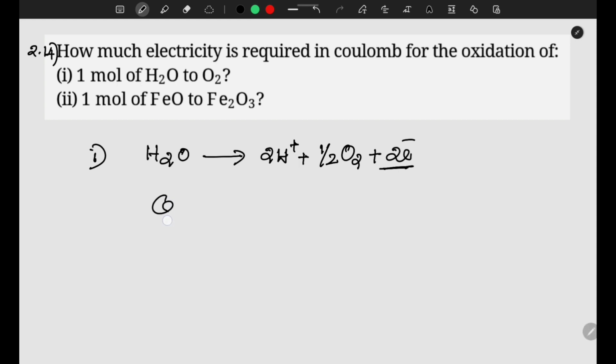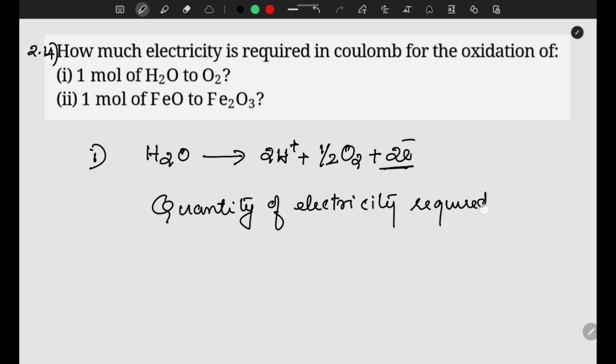So quantity of electricity required is equal to 2 Faraday. That is 2 into 96,500 Coulomb. 1,93,000 Coulomb.